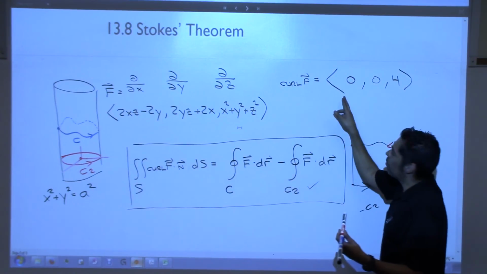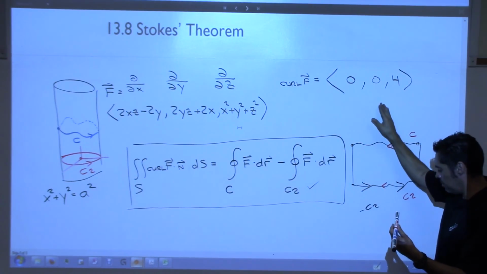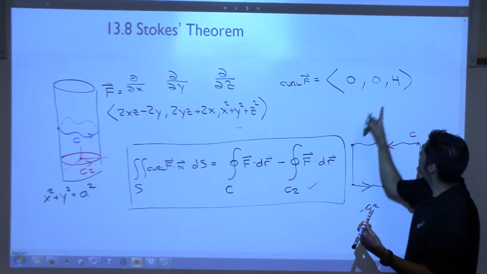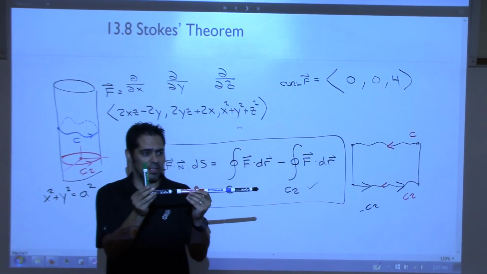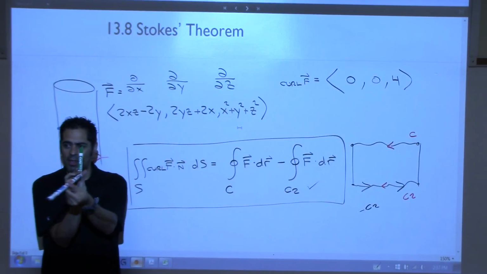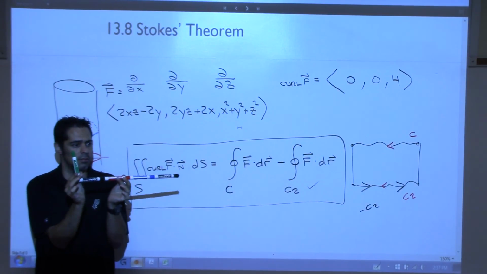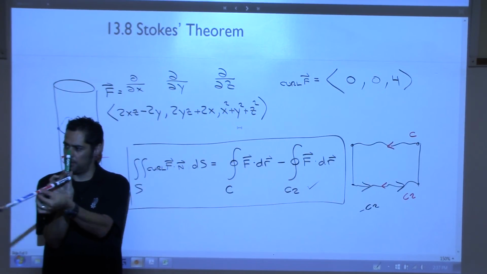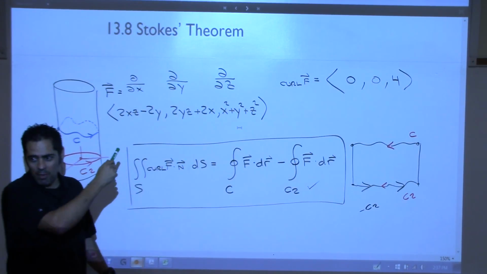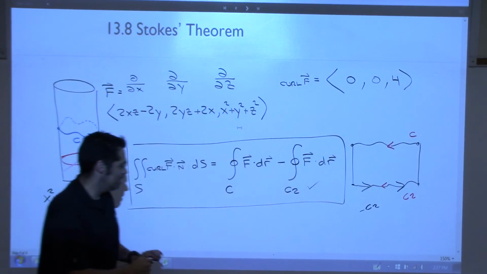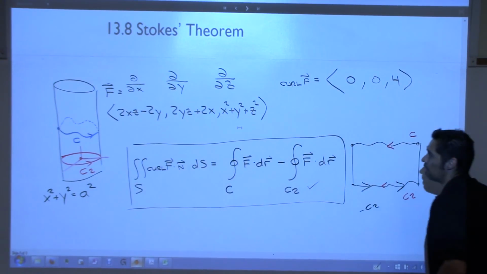What about the curl of f? Tell me about that vector. It's straight up. And what's the dot product of two vectors that are always like that? 0. Do y'all see that? Yes? That's why it was very important that I pick the right vector field for this to work. This wouldn't work with just an arbitrary vector field.